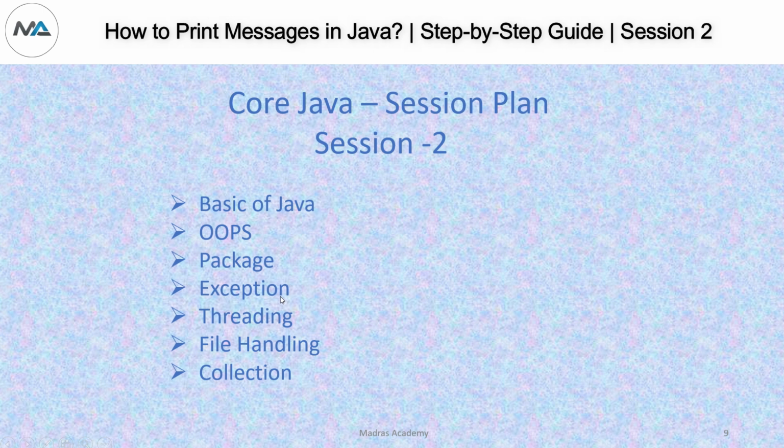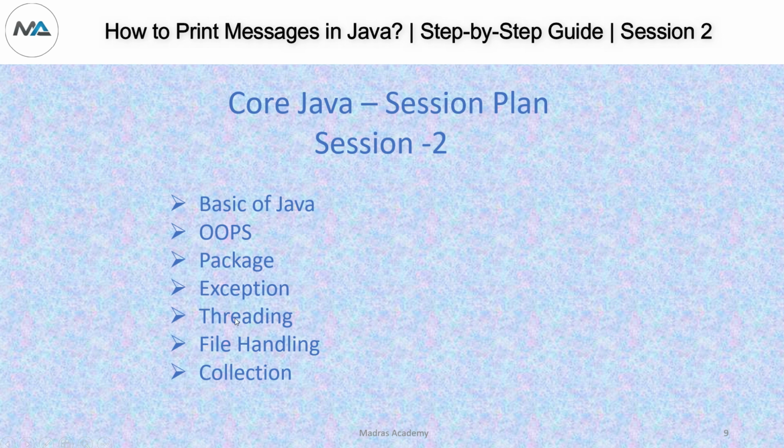Exception is nothing but we are going to learn about the error message, the exception error message, and it will display it at runtime. So what is compile time error, what is runtime error? So how to find out and how the runtime error will display in a Java application, how it is working, everything we'll see in this exception topic. I will give a separate introduction when we move on to this topic.